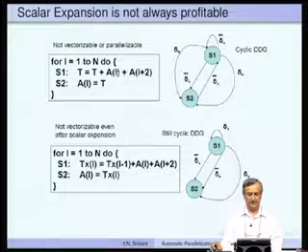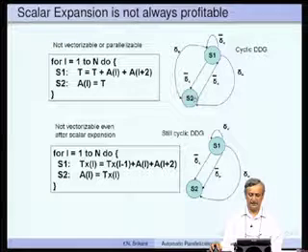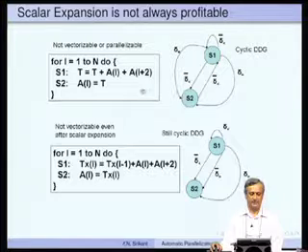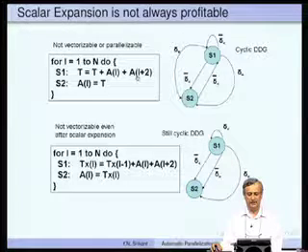So, between S1 and S2 we have this anti dependence a I and a I. So, that is from here. Then we have a I plus 2 and a I. So, if you have I equal to 1, you would have a 3, a 1, a 2, a 4, a 2, a 5, a 3 and so on and so forth.